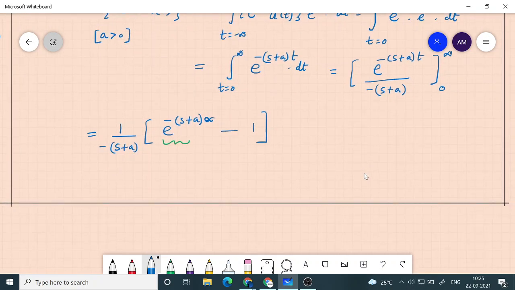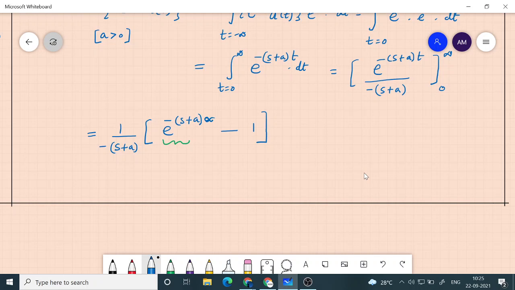Now if a is greater than 0, e raised to minus a into infinity will be decaying to 0. But I do not know what will happen to e raised to minus s into infinity.